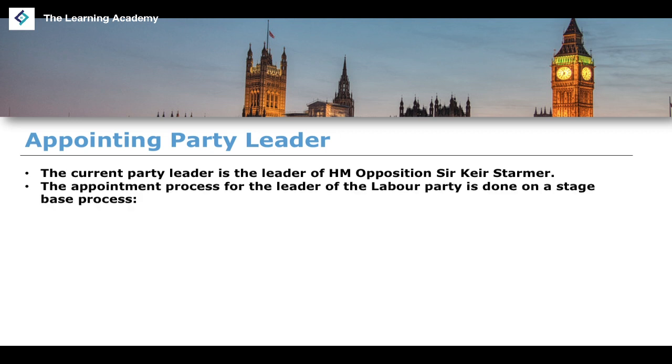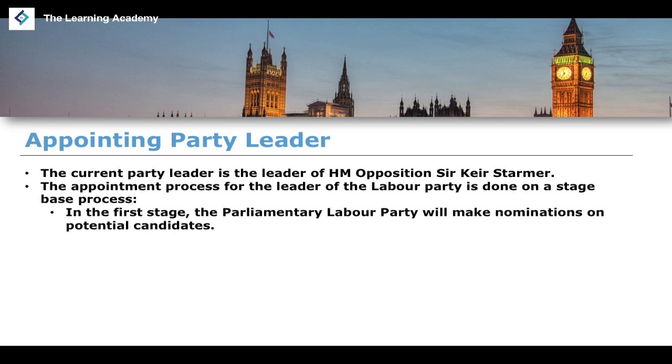And we see that the process goes through a number of stages. So it's a stage-based process, and each candidate will have to get through a number of different stages before they have a chance of winning. In the first stage, this is where the Parliamentary Labour Party makes the most significant impact. This is where the Parliamentary Labour Party really has its most influential role, and they make nominations on potential candidates.